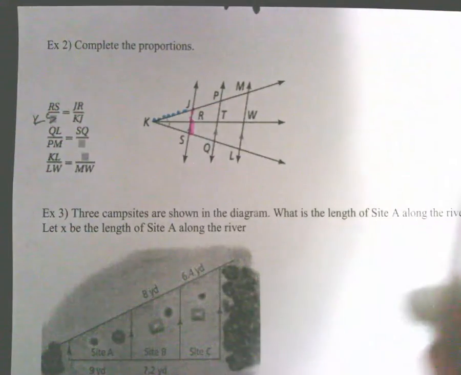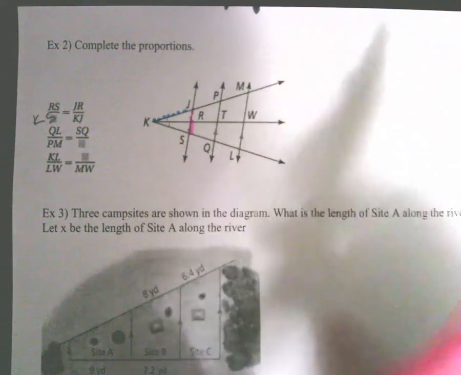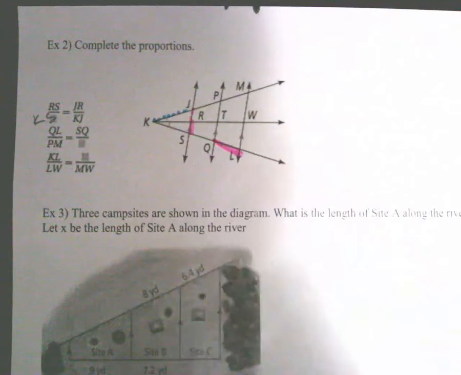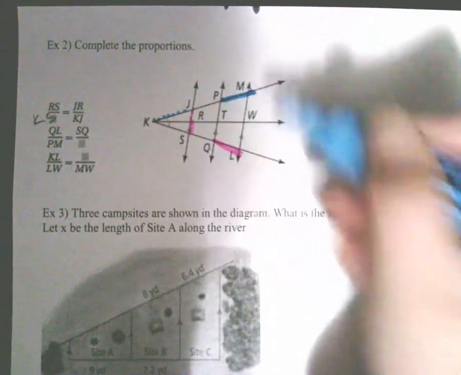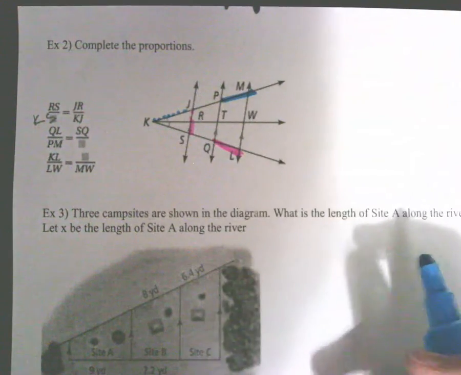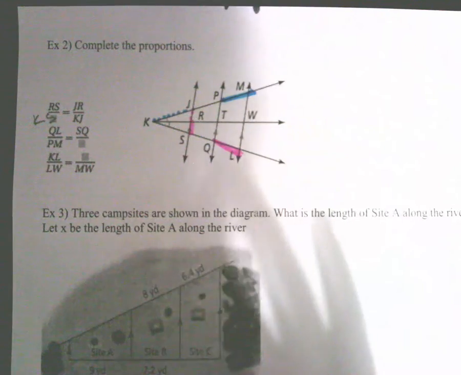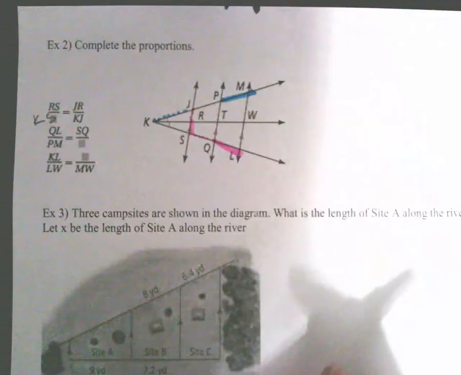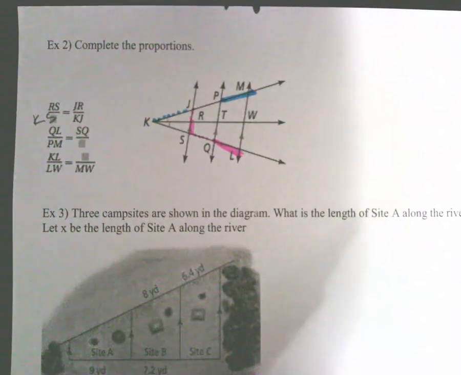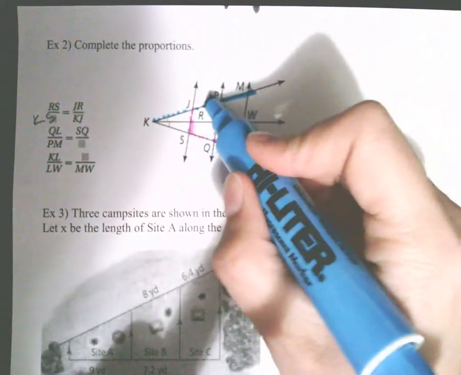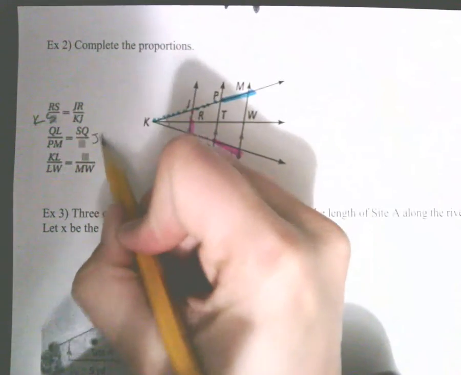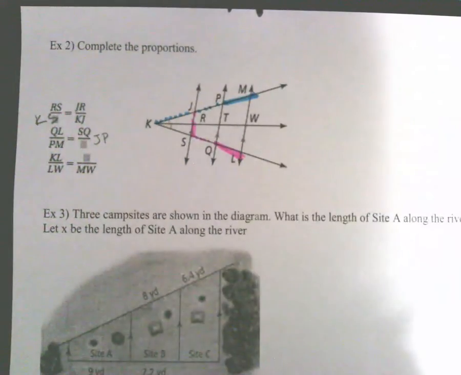Okay, let's look at the next one. QL over PM equals SQ to what? So it's got to be JP. Okay, we have one more.